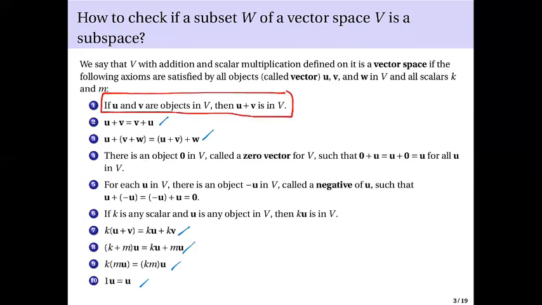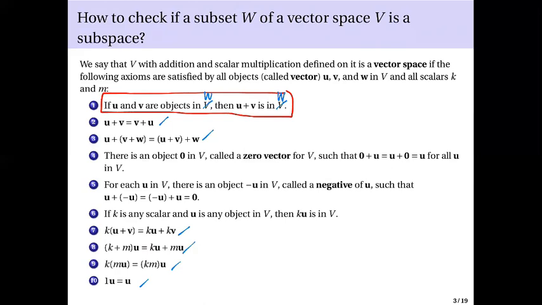So this time we are now going to replace this with W. If U and V are objects in W, the question is, is U plus V also in W? So we have to check that one.